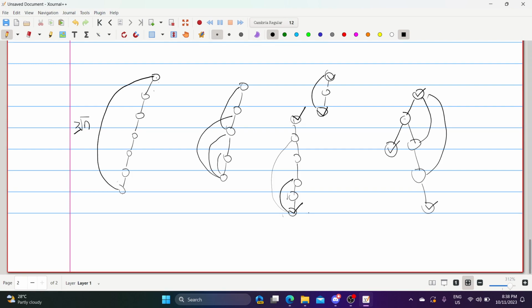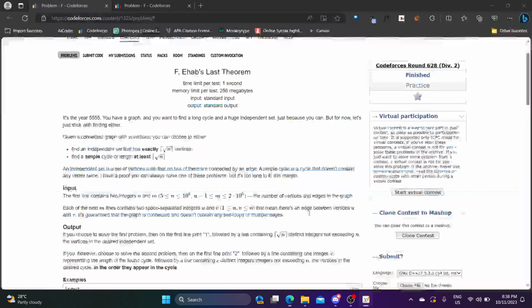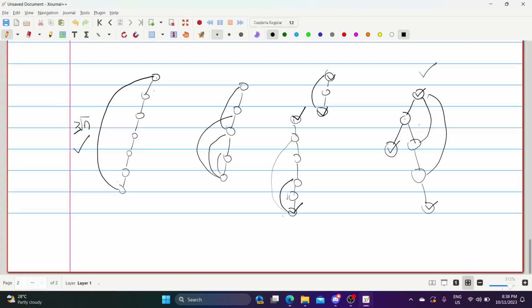So even though this greedy algorithm might not be optimal, right, as long as there is no cycle of length more than or equal to square root n, which means that all the back edges are smaller than or equal to square root n away, we can actually prove that the greedy algorithm will find an independent set of size at least square root n.